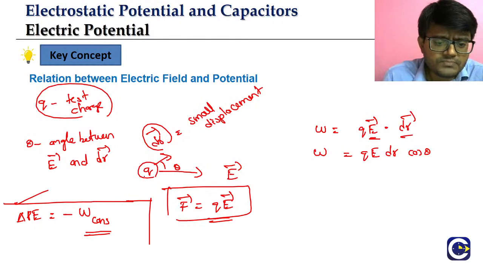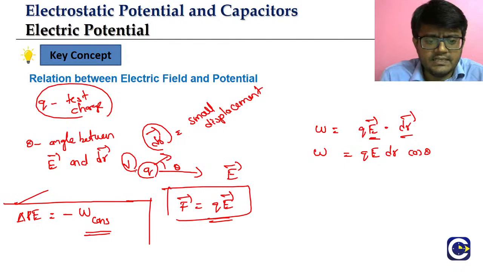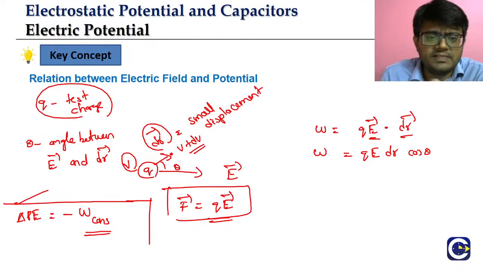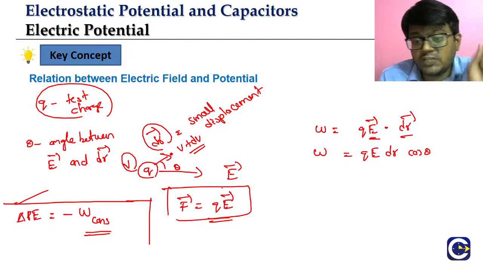Okay, now, initially at the charge's location, let us say the potential is V, and the potential at the final point, after we give a small displacement, is V plus dV. A small change is coming. So the change in potential is a very small value.